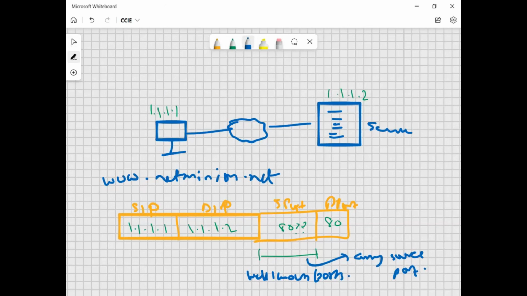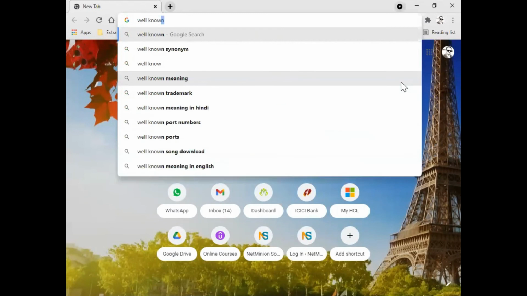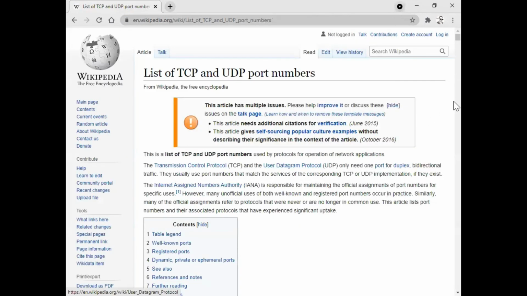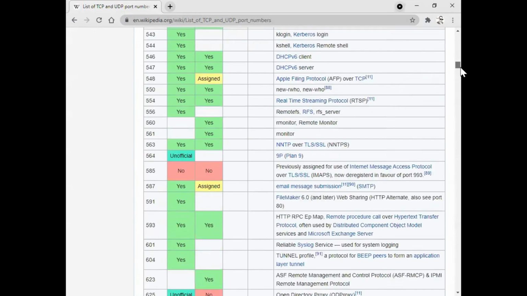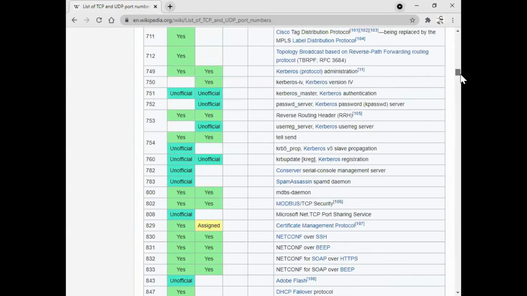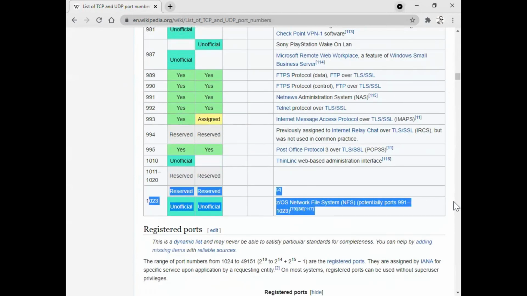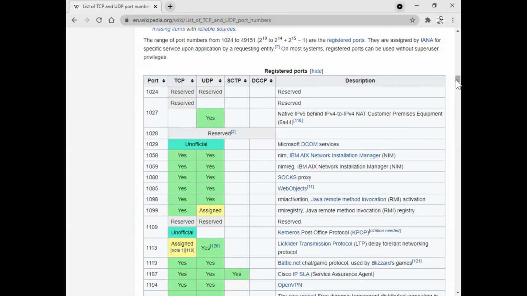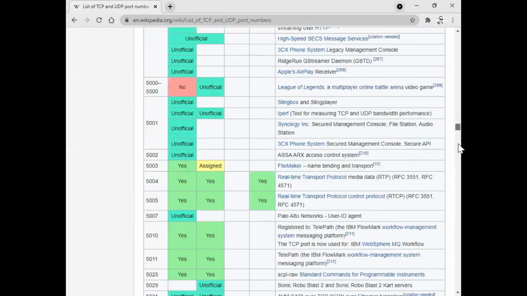You should be aware of it. If not, please check well-known TCP ports. If you go to Wikipedia or any list, you can see these are well-known ports assigned for DNS, DHCP, ARP, different things up to 1024. Past that, it can pick any of the ports for your source-based communication.